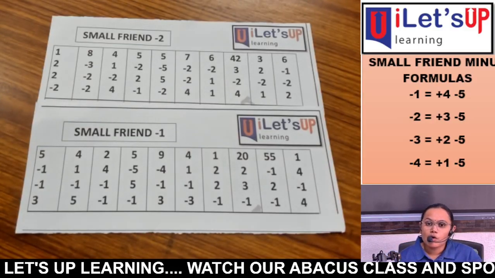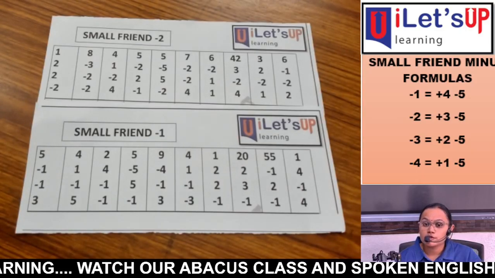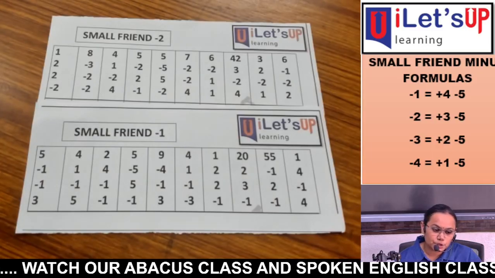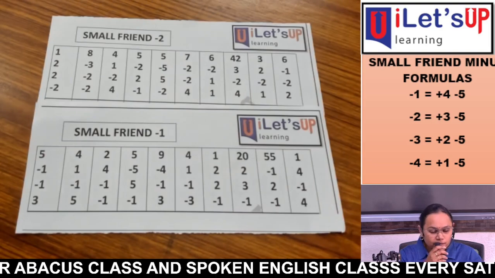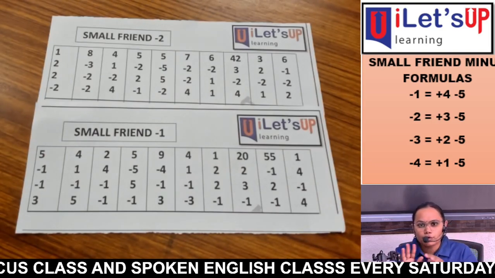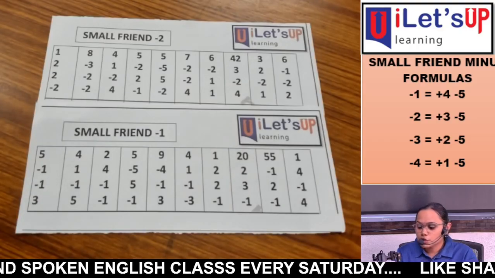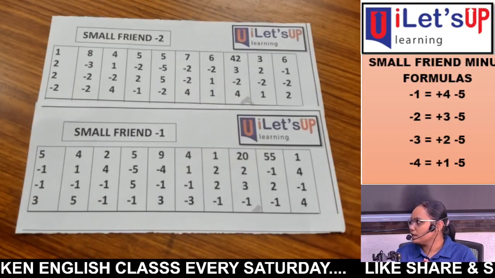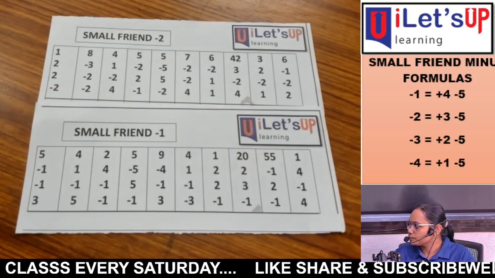Practice them. Only practice will help you. You should know the formulas of small friend plus, which means addition, and small friend minus. Both are very, very important. If you don't know them, you may not be able to solve further questions. So I am showing you the questions again. Please take a screenshot of this one.